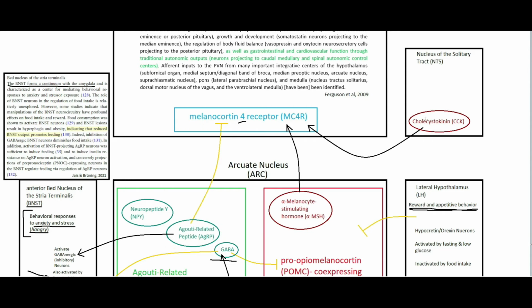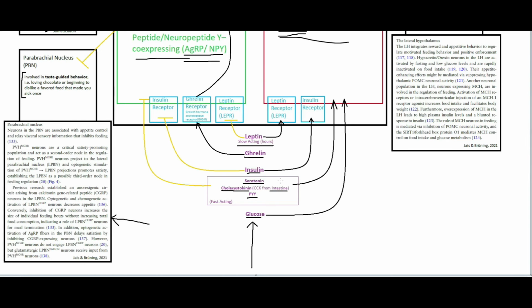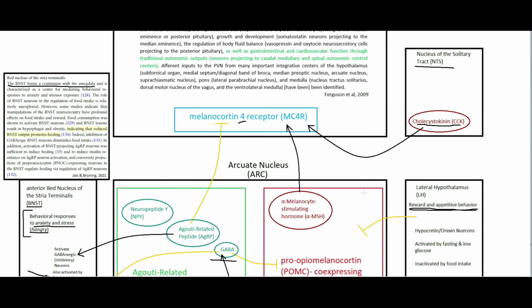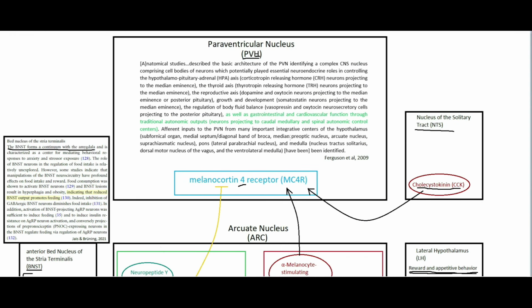And we can see here that this cholecystokinin, which is a type of peptide hormone, like pretty much all these things we're talking about, which comes from a part of the brain, or it can come from the intestine, will come and activate these melanocortin 4 receptors, or MC4R receptors, and tells the paraventricular nucleus, which does many different things.